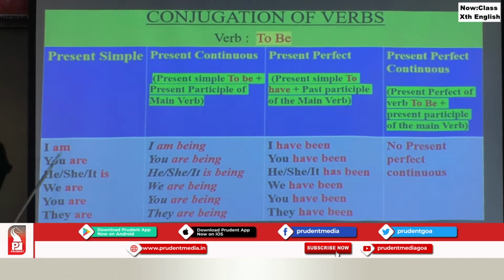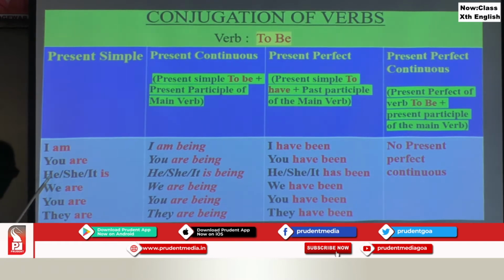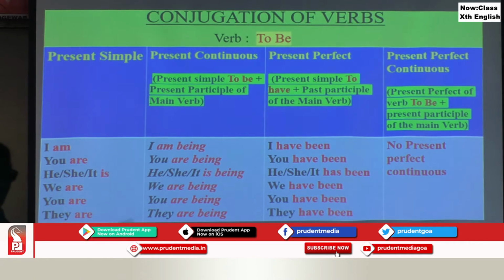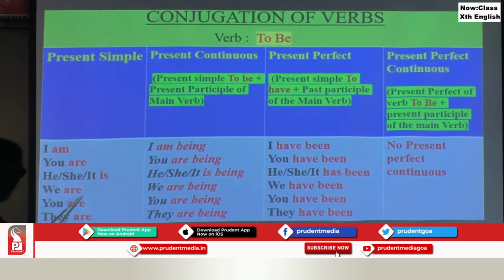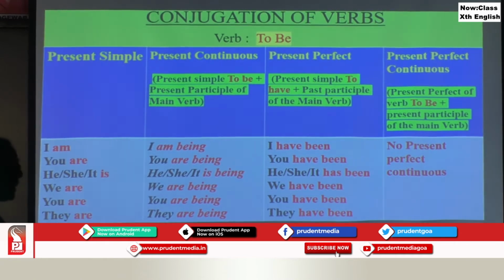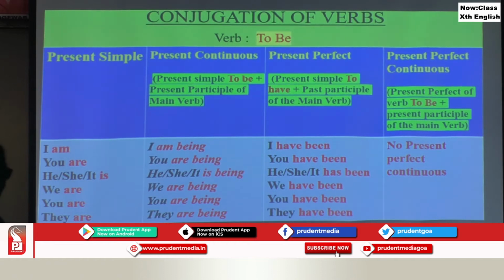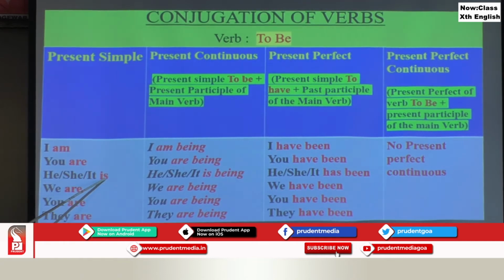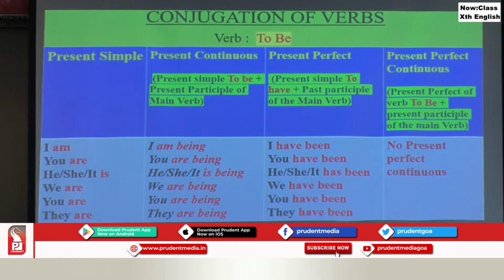I am, you are, he is, she is, it is. We are, you are, they are. So, verb to be in its simple present is am, are, is. That's why it is called completely an irregular verb.